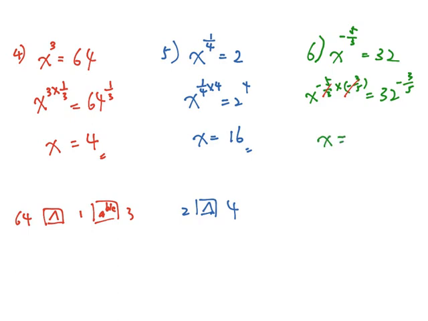So x becomes 0.125. So for calculator, 32 then power, open bracket, negative 3 over 5, close bracket, then exe.